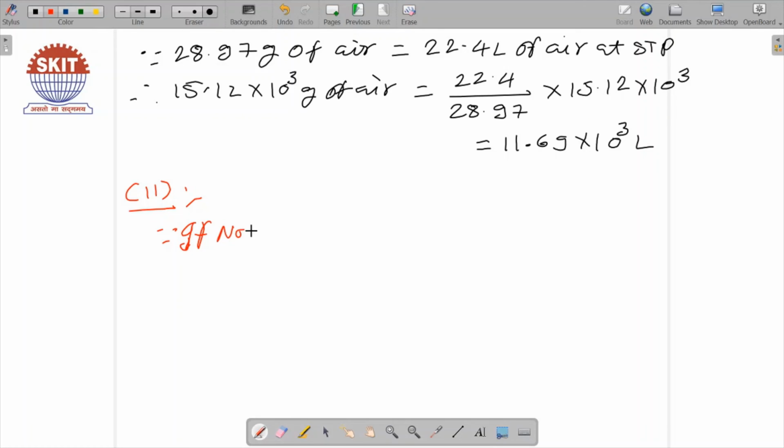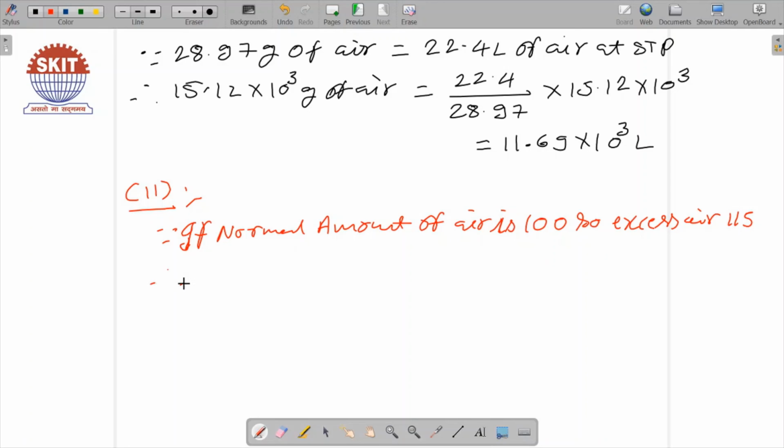If the normal amount of air is 100, so excess air is 115, because 15% excess, so 100 plus 15, 115.